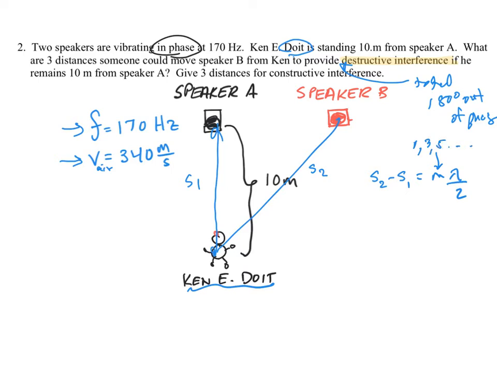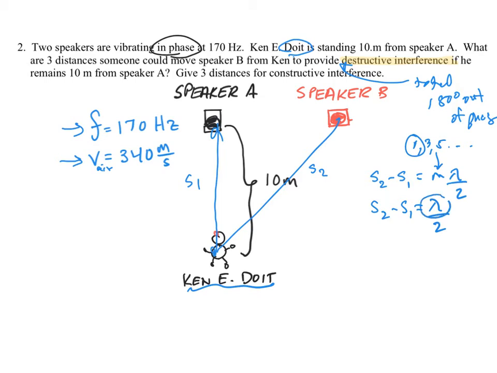Okay? So let's start with the first possible area of destructive interference when M is equal to 1. When M is equal to 1, this is equal to lambda over 2. The difference in the distances between those two sources and Ken is lambda over 2.